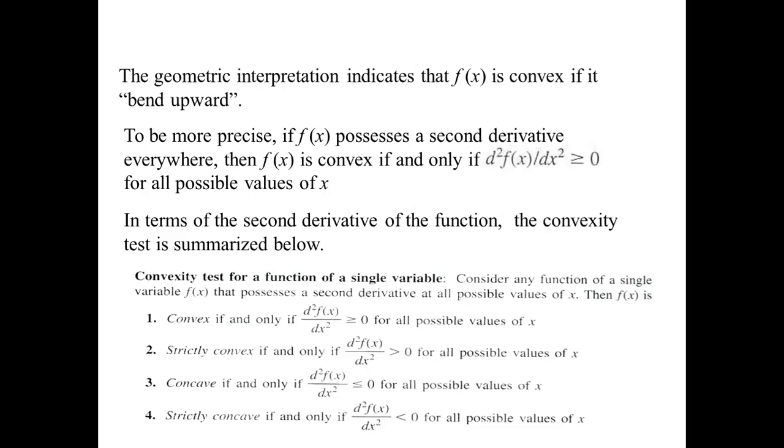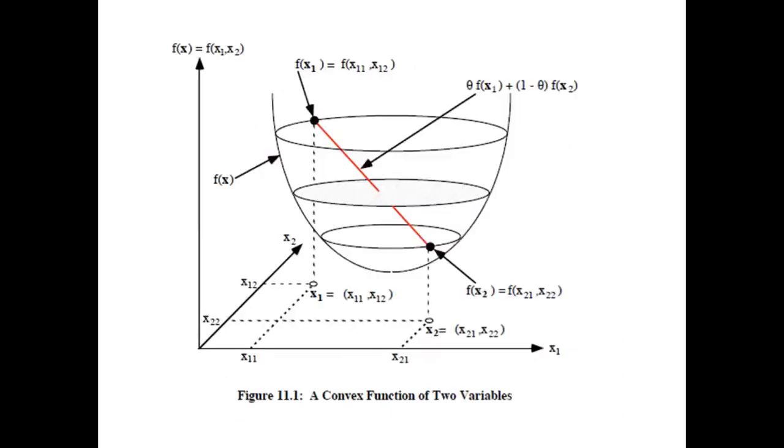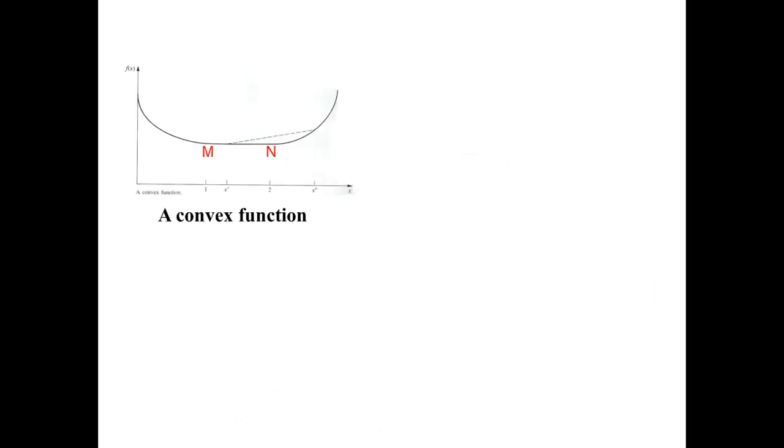The convexity test for a function of a single variable: here the second derivative needs to be positive. Whenever you have a minimum point, you can recall this for a function of one variable. For a function of two variables, you can see that this is a convex function, and the local minimum would be a global minimum.